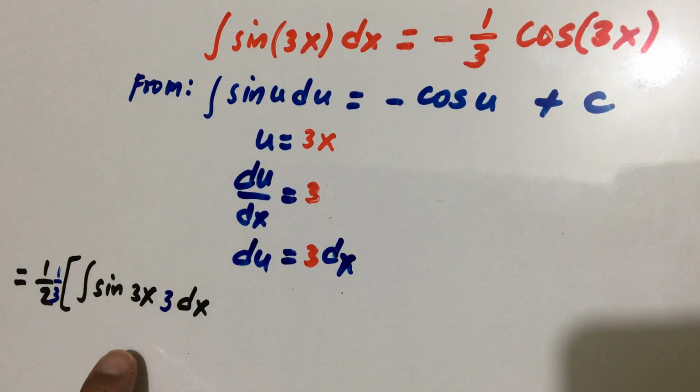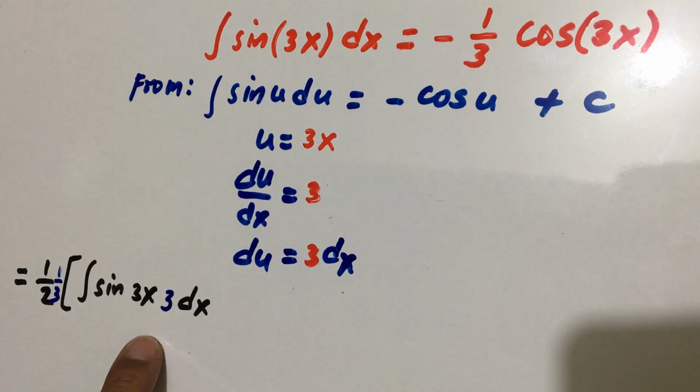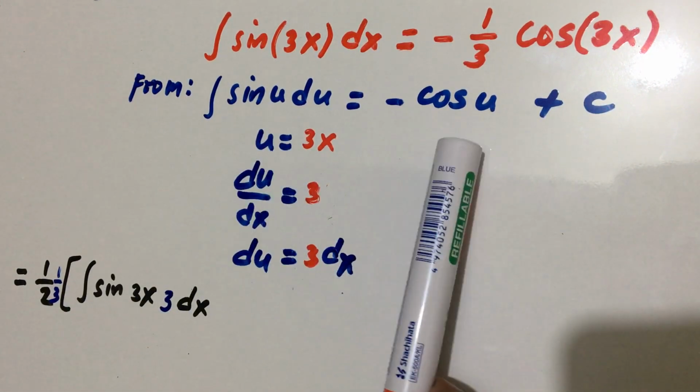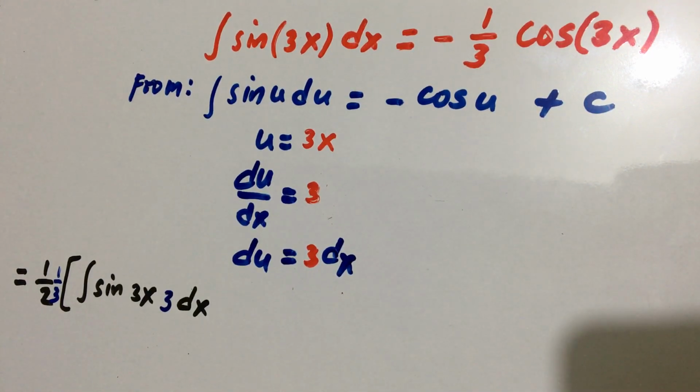Okay, so now we can solve this using this formula. Integral of sine u du equal to minus cosine u plus c. So to continue, that is only for the first term.